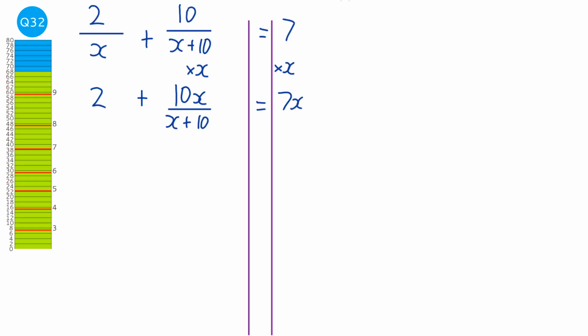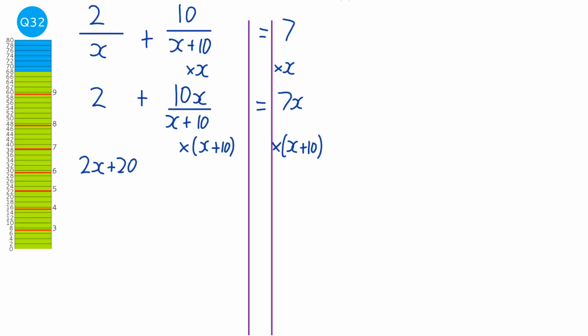Next, we're going to get rid of the second fraction's denominator. So we're going to times by brackets x plus 10, both sides. Okay, so 2 times x plus 10 is just going to be 2 brackets x plus 10, but I can actually just expand it now. 2x plus 20.